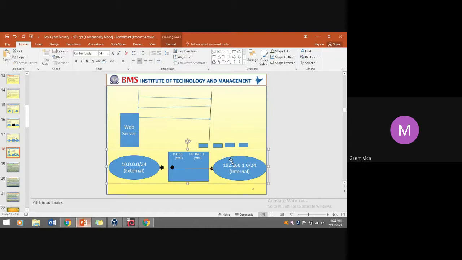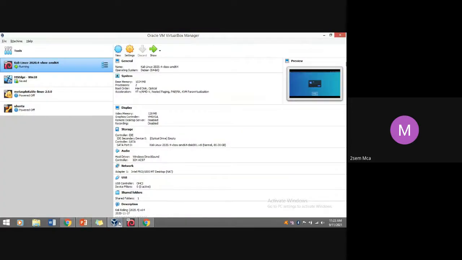If this internal network wants to connect with the web server which exists externally, again the request comes to the firewall, then it forwards it to the external network. The external network's internal interface is going to forward that message to the web server, which is present at the external network.